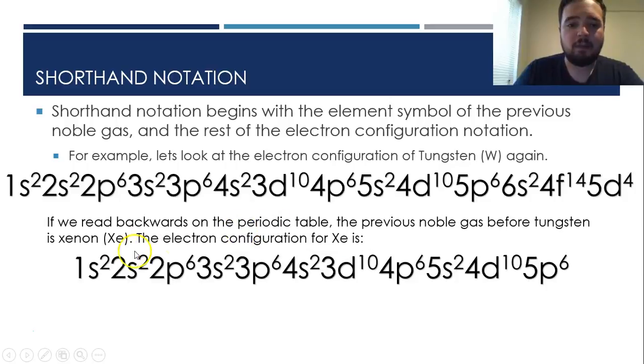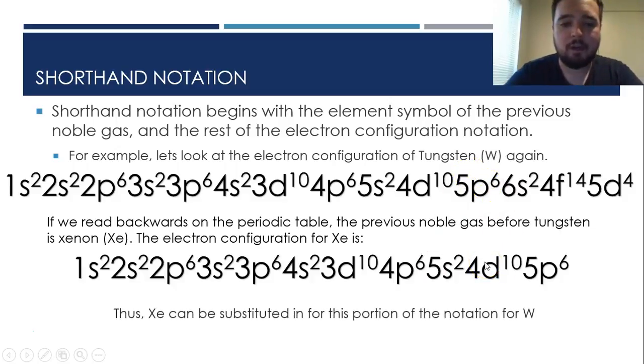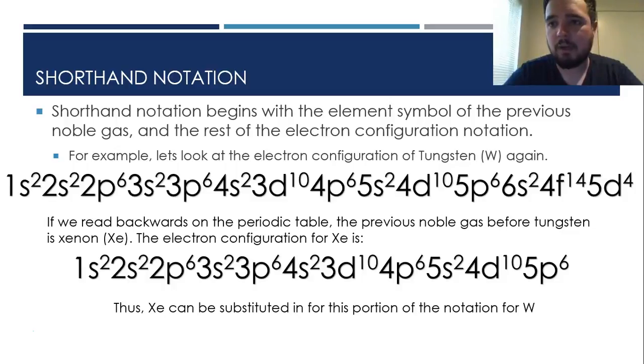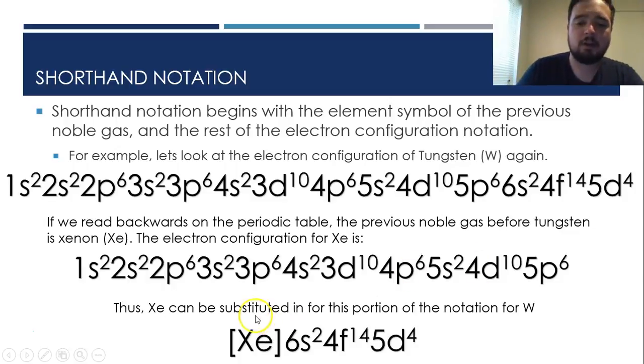Tungsten shares the same electron configuration up to the 5p6 mark, just like xenon does. So what we do is insert xenon into the notation for tungsten. We put xenon into brackets, and then we put the rest of the notation after. What this is saying is that all of this right here is xenon, and then the reactive electrons after it are the 6s2, 4f14, and the 5d4, and that's where the shorthand notation comes from.